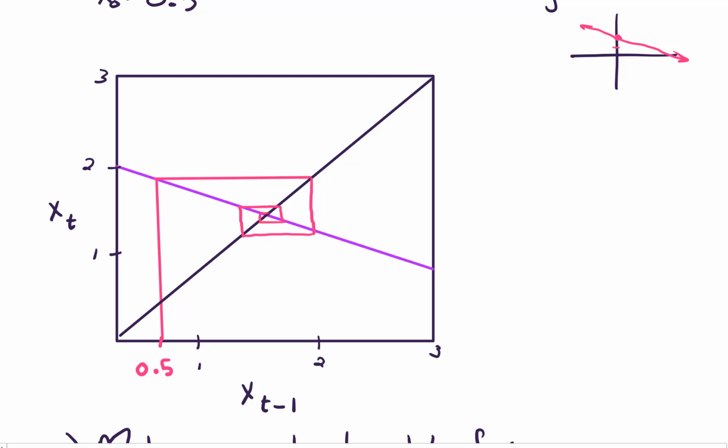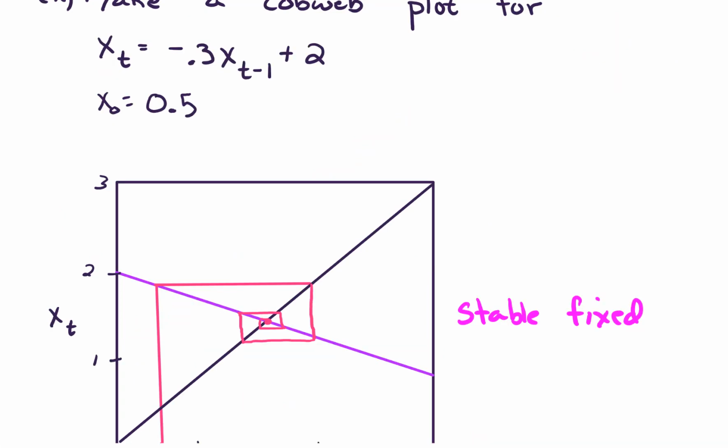And once again, we find that we have a stable fixed point because our movements get absorbed by that point over time.